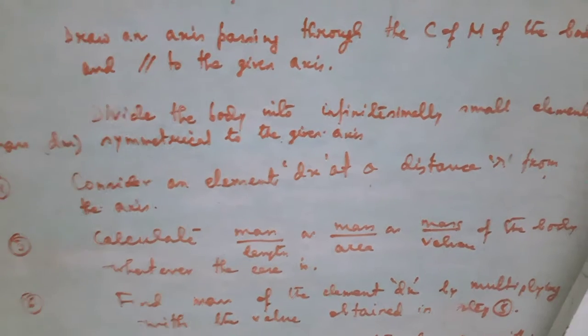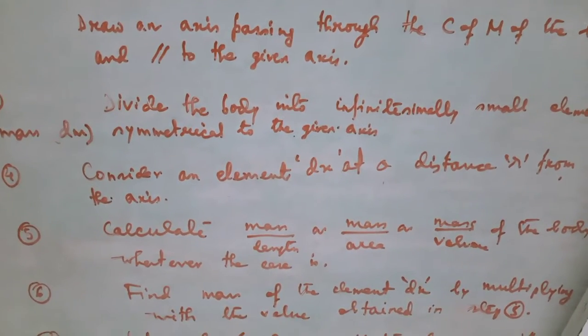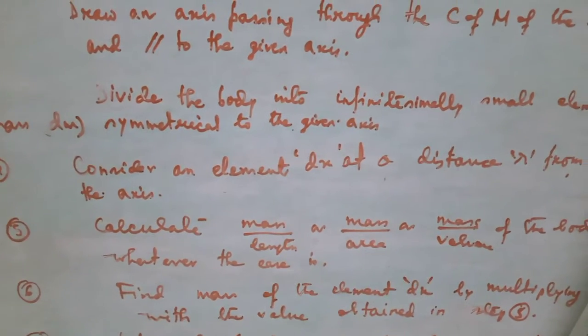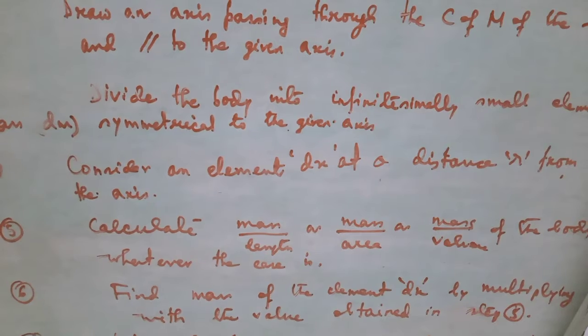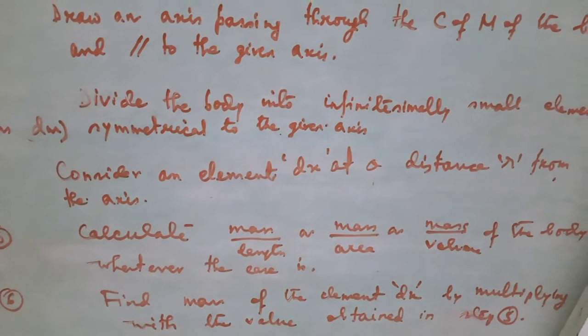Then find the mass of the element dx by multiplying with the value obtained in the previous step. That means dx into mass per unit length or dx into mass per unit area will give you the mass.